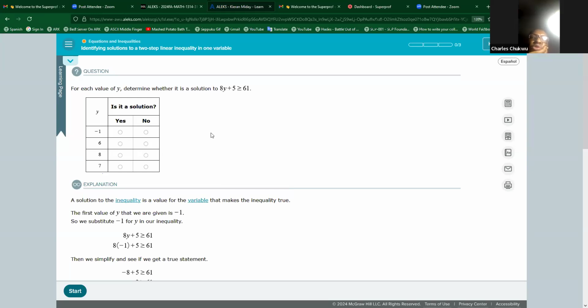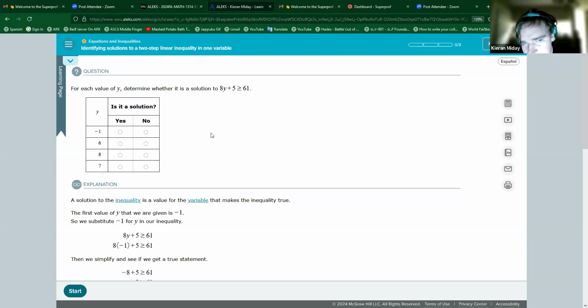The same thing we'll do for 6. 8 times 6 is 48. 48 plus 5 is 53, and that will give me a no again. Let's then try 8. 8 times 8 is 64, plus 5 is 69, which is greater, so that's a yes for 8.